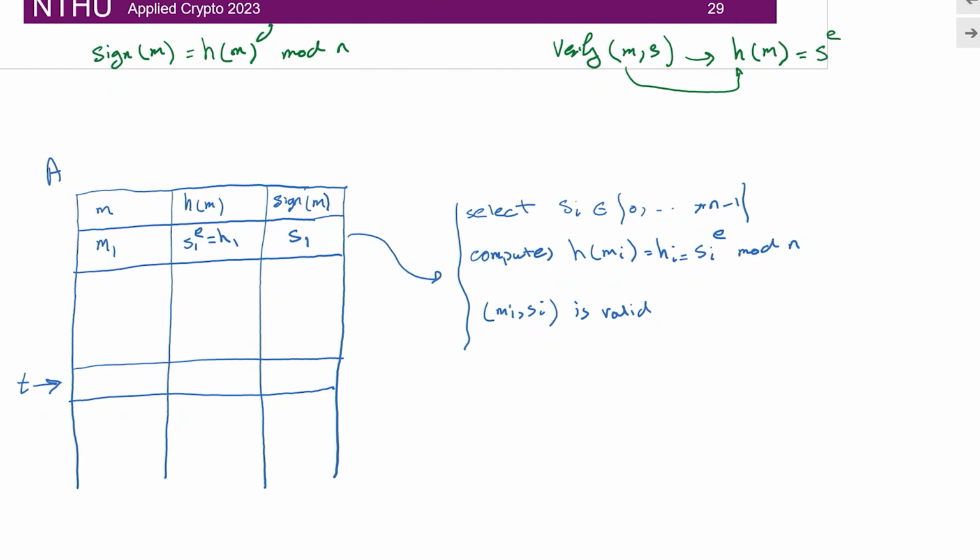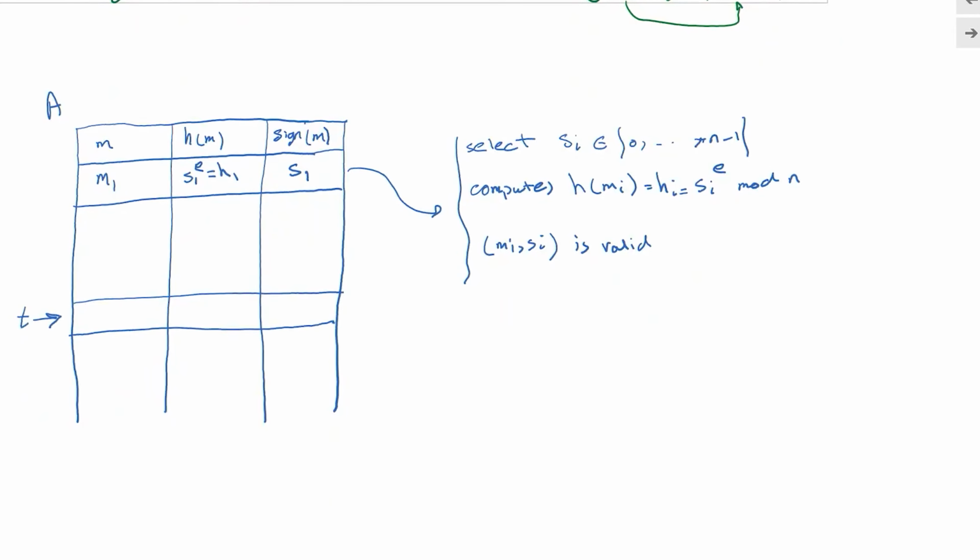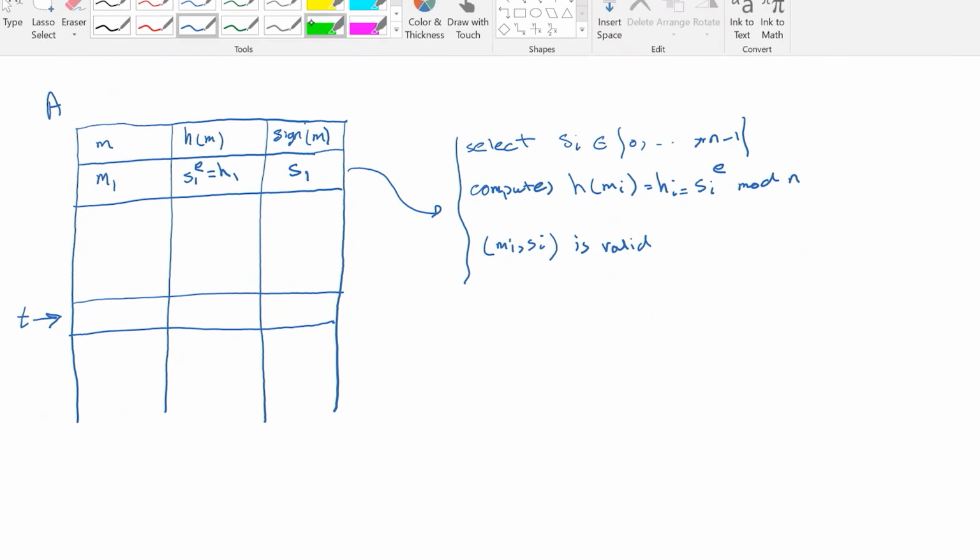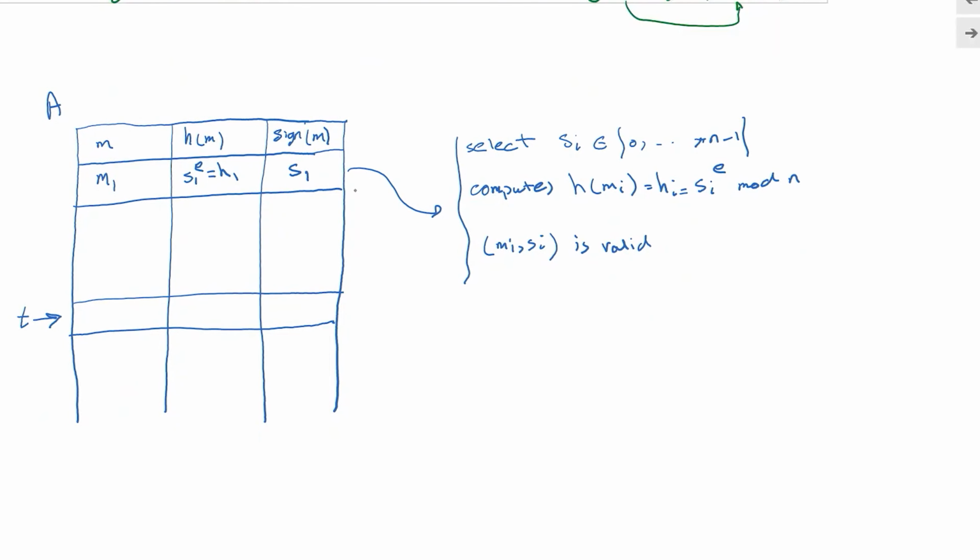So what we do is we do a trick. We know that in order for the forger to verify, the forger would look at this one to verify.